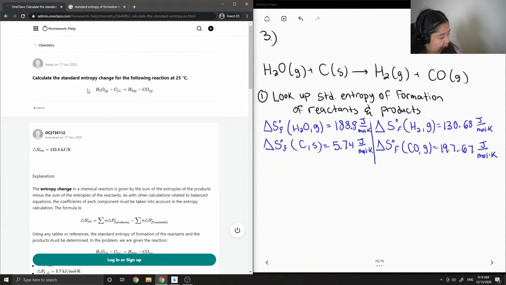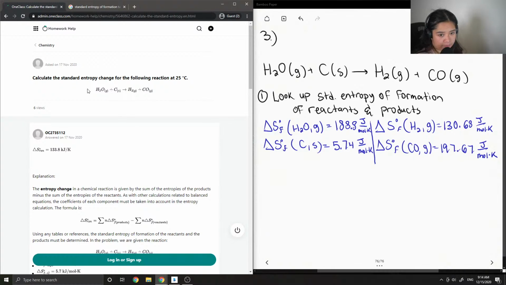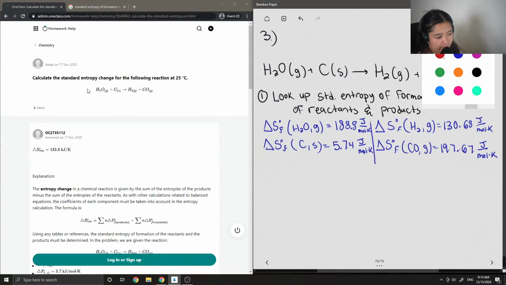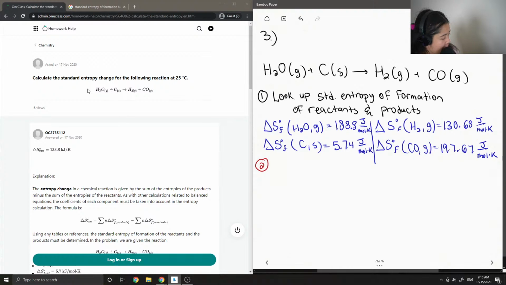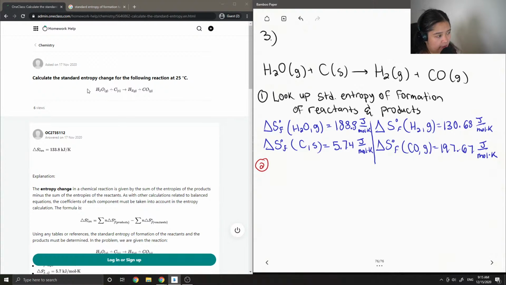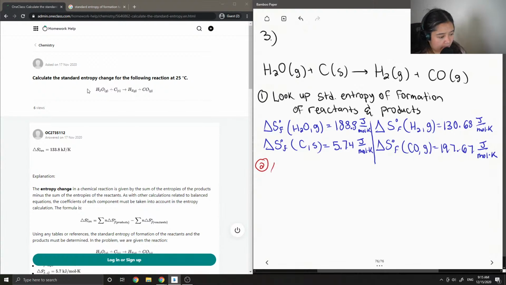Okay, so after we looked it up, we can use the following equation to calculate the standard entropy change for the whole reaction. So let me just write out the expression for that.